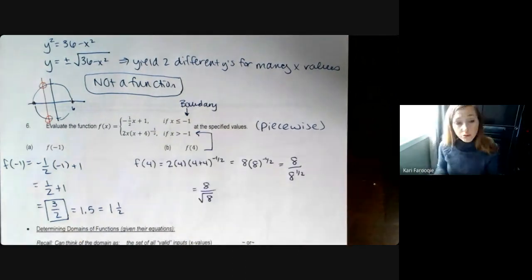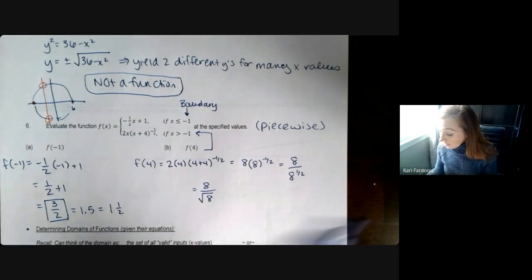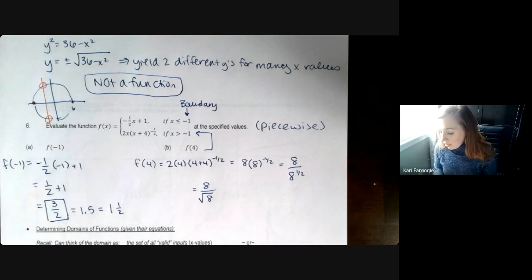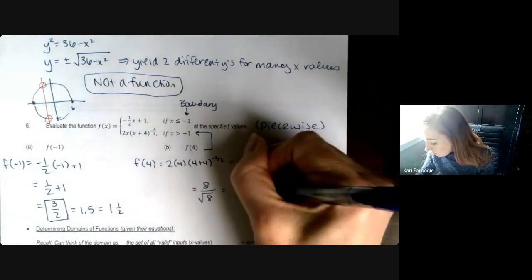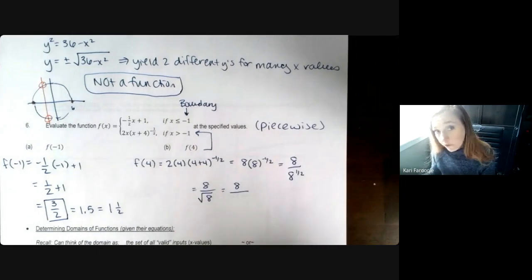If you didn't remember that a 1/2 power was a square root, that's fine, but we're going to be using it a lot in this class, so get comfortable with that. And then you're going to simplify here. If you're like, how would I possibly simplify this? Oh, I should cancel. Don't do that, because remember I said you can't cancel between a radical and a value that's not in the radical. But what I can do is rewrite the radical using a perfect square factor.